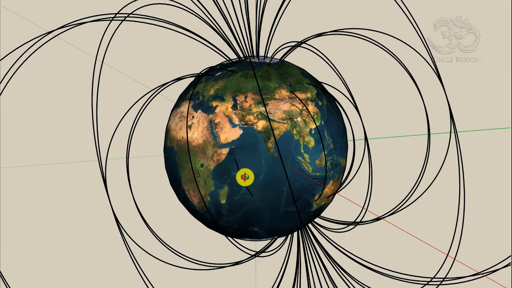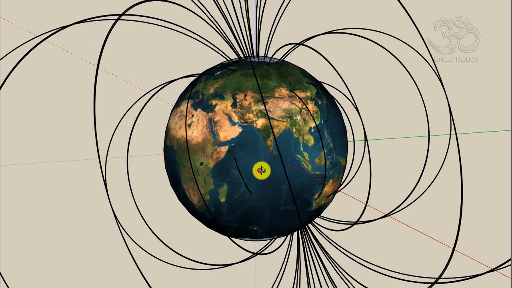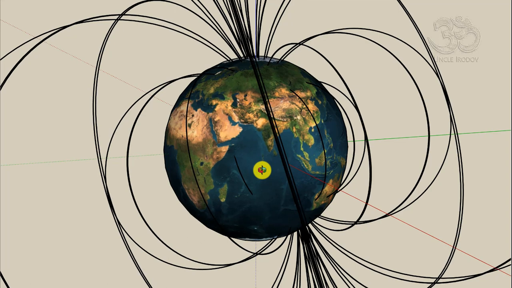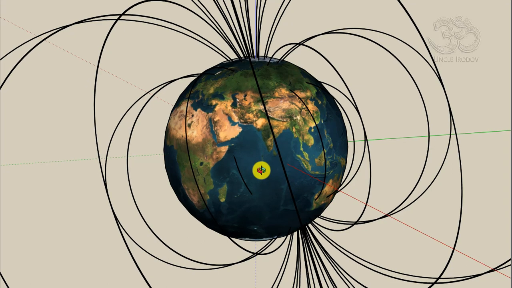But the interesting thing which you note is this. When you look at this Earth and see where geographical north and geographical south are, you still know that geographical north is here and geographical south is here, but you see that the field line now is tilted.